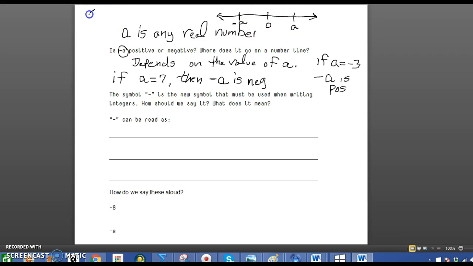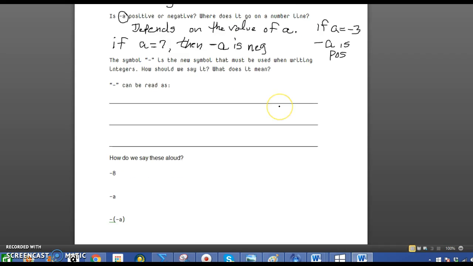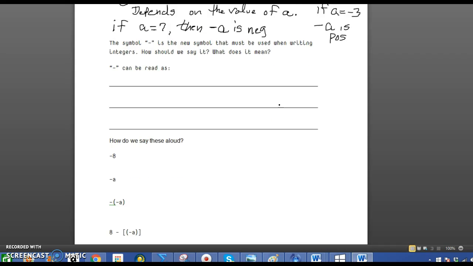But I don't know that that's what it looks like, because what if A is negative to start? Then the opposite of A would be up here. So both of those number lines could be correct. I don't know which one is.